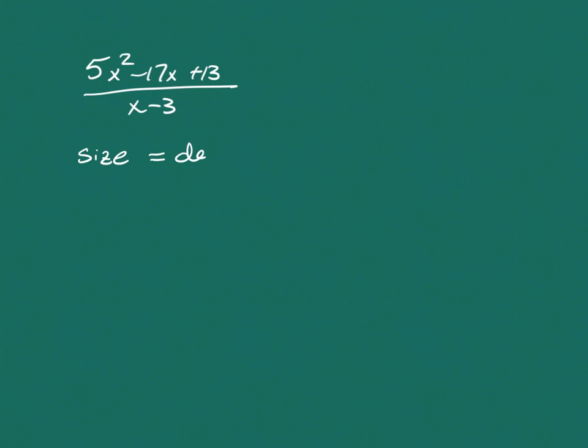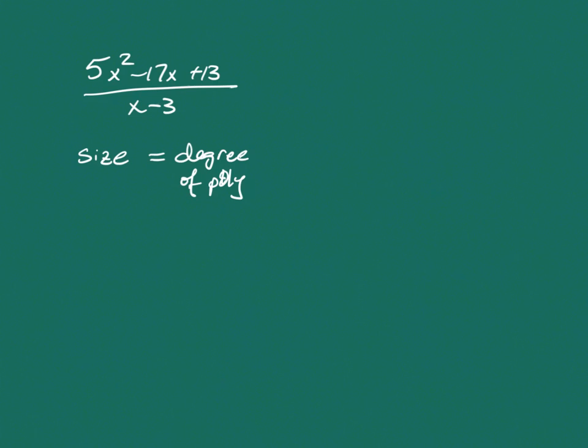So now, for comparison, suppose that we had a polynomial (5x squared minus 17x plus 13) all over (x minus 3). With polynomials, we can measure the size of a polynomial by its degree. Here we have degree 2 on top and degree 1 on the bottom.